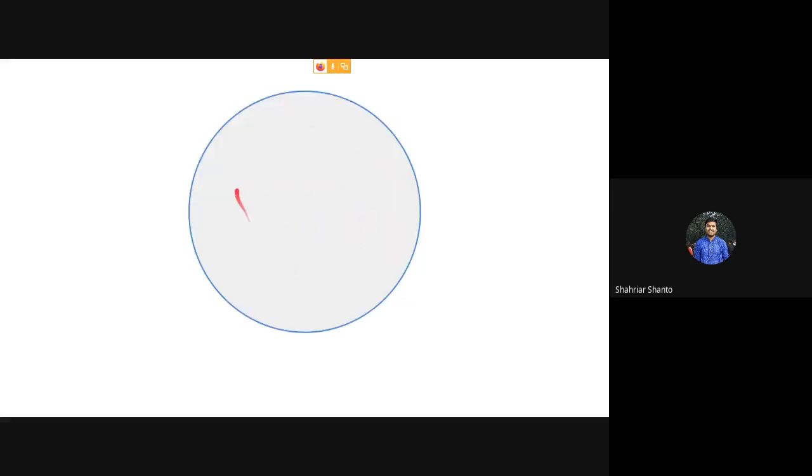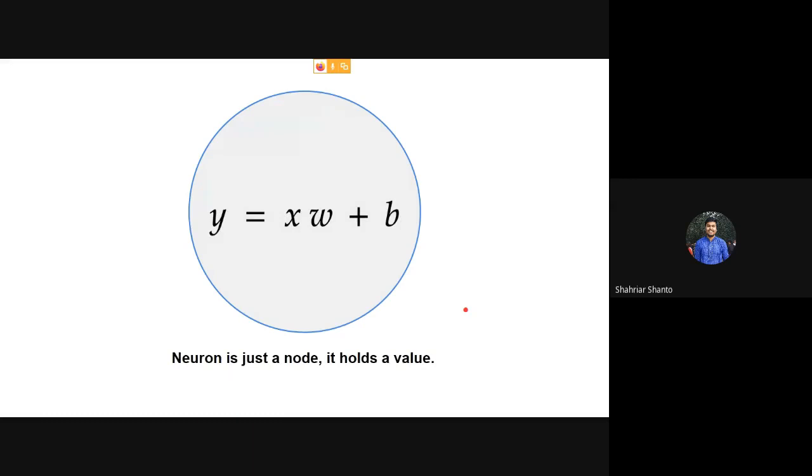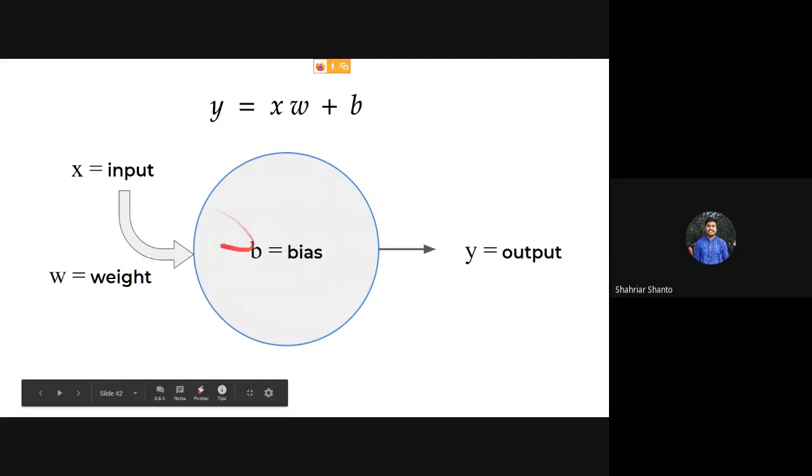I want to focus on just one neuron. One neuron is just a node, and it holds a value. How that value is calculated is this equation, which is just the equation of a line, right? Here x is the input, W is the weight, and B is the bias.